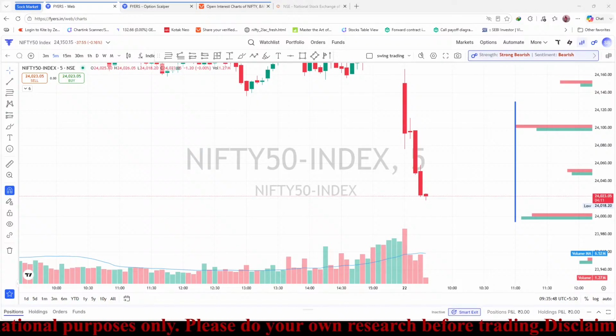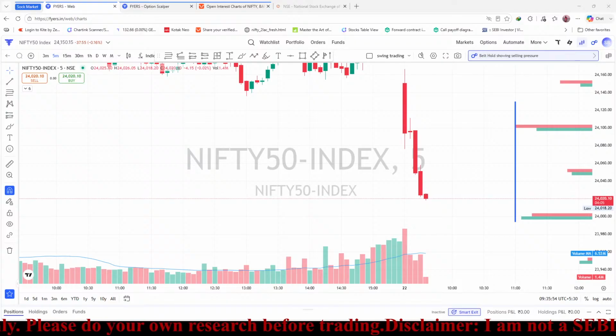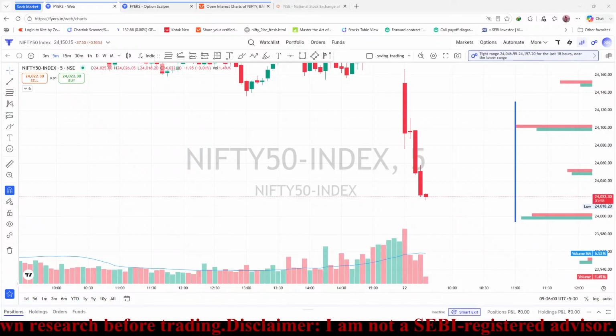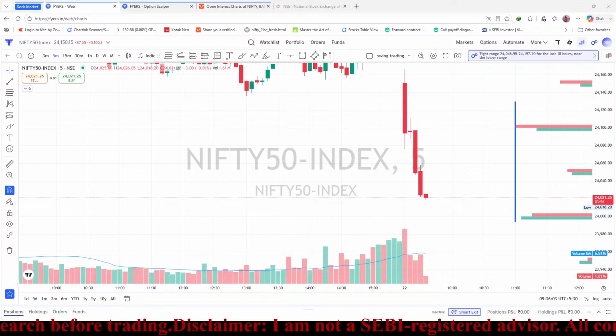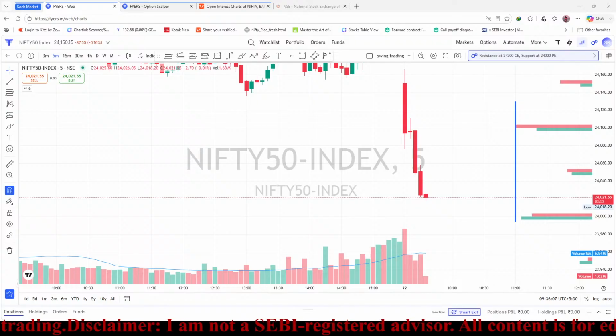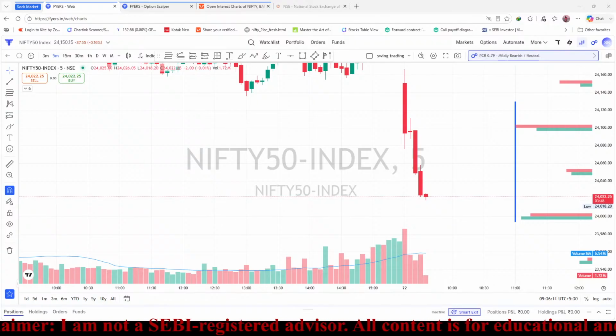And POC has been shifted in this location and this location also. That means the buyers wanted to hold. That means seller absorption is happening in this location. So let's wait for some time. Maybe this candle closes, then after we can try something.